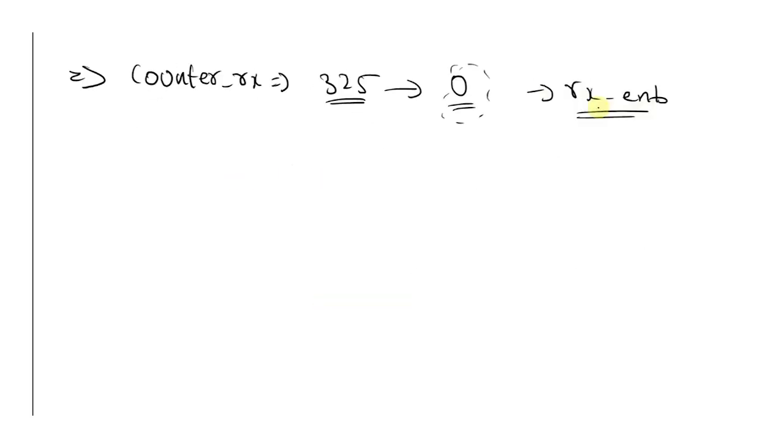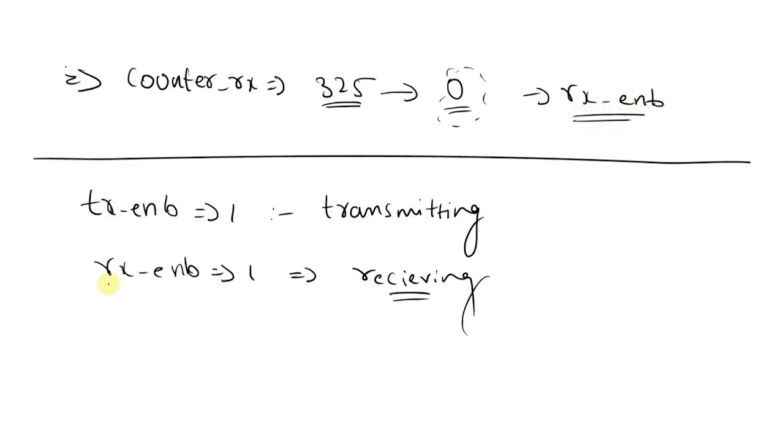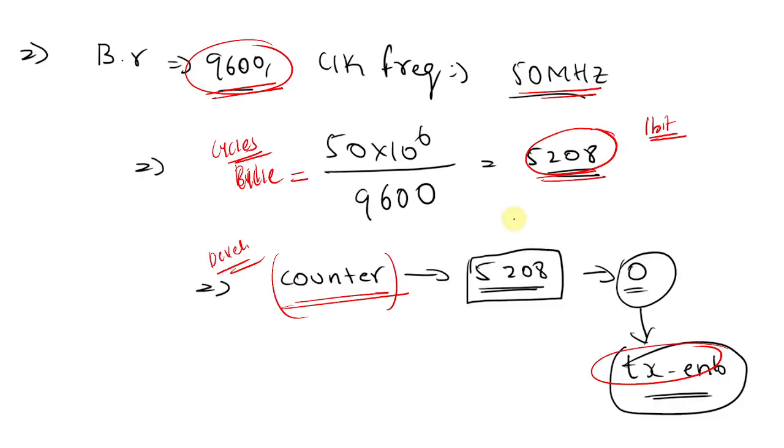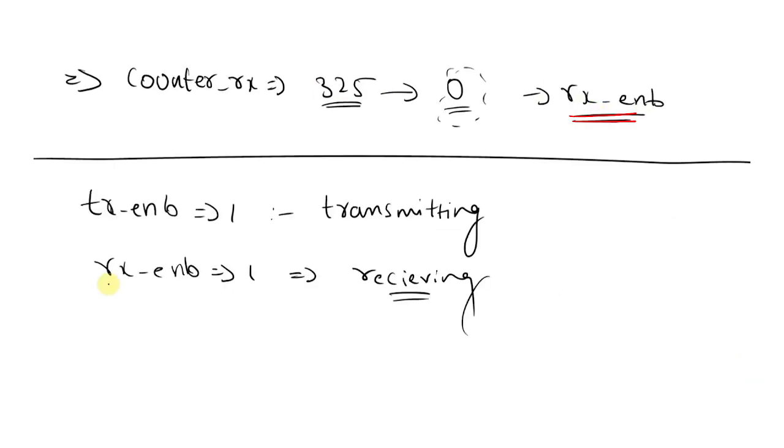For the receive counter, it will start from 325 to 0. Why? Because we have oversampling. For oversampling, you get the number of cycles equal to 325. So 325 to 0 is for receive enable, and for transmit enable you need to generate the counter of 5208.